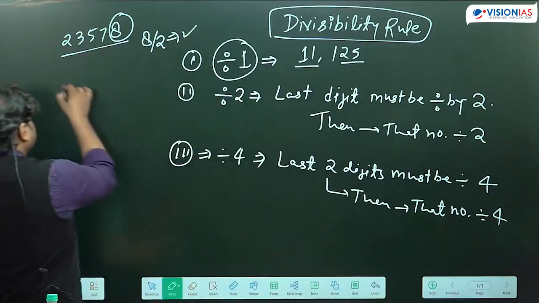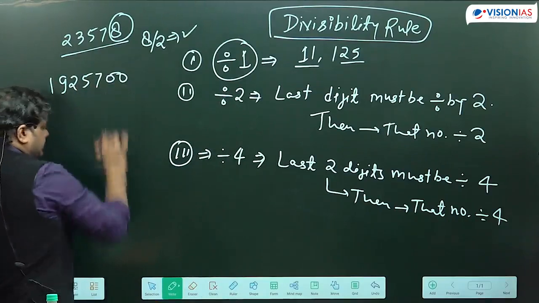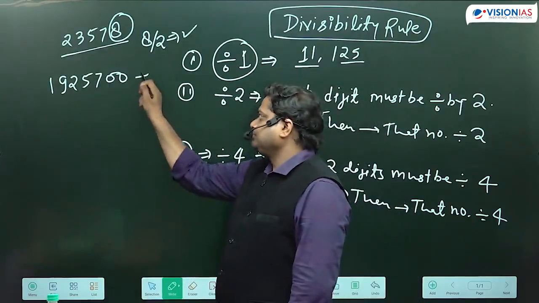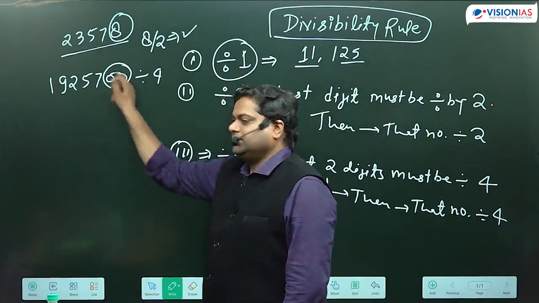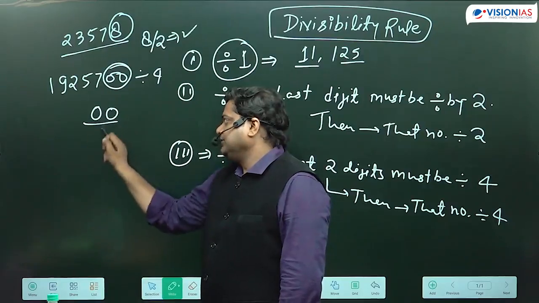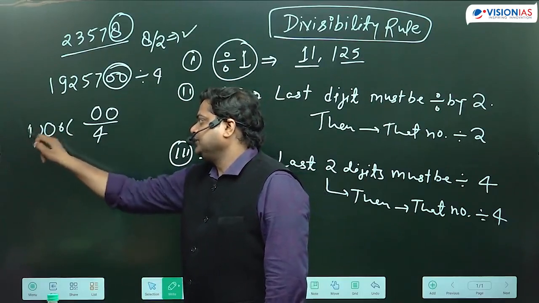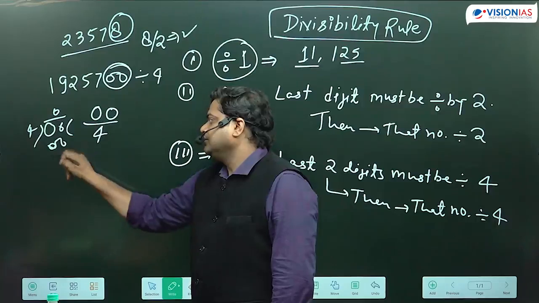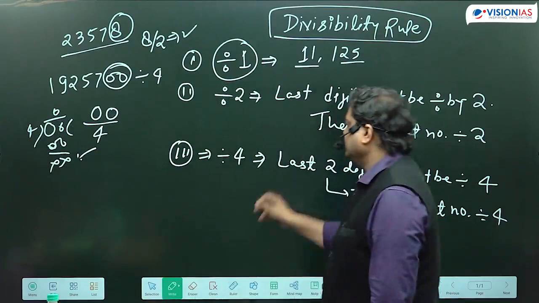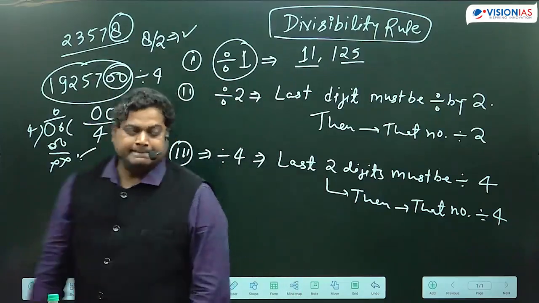If I have any number this way, 1 9 2 5 7 0 0, is this number divisible by 4? इसमें we'll check for last two digits. Last two digits 0 0. Is it divisible by 4? 0 0 को 4 से divide करेंगे तो we are getting remainder 0, that means divide कर रहा है. और this number is also divisible by 4.